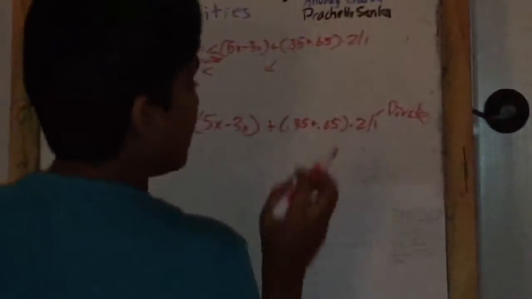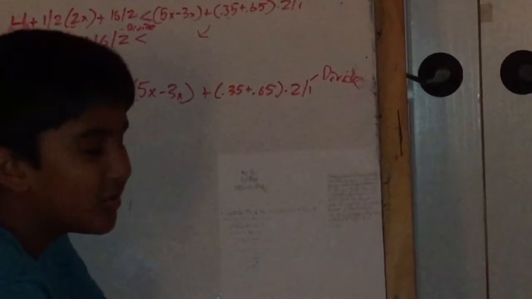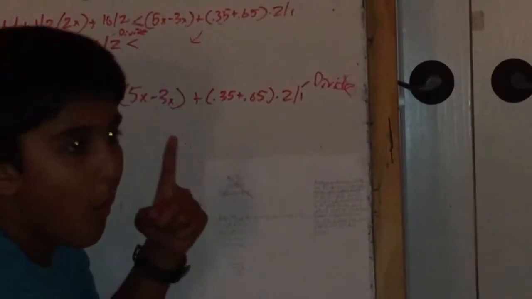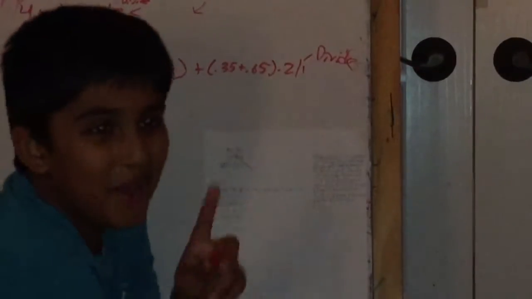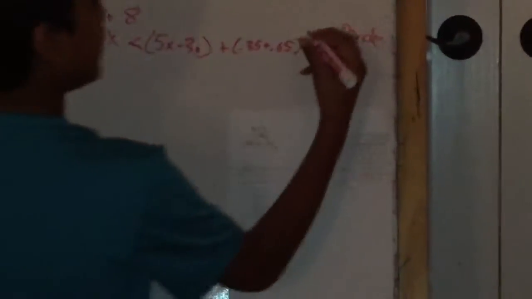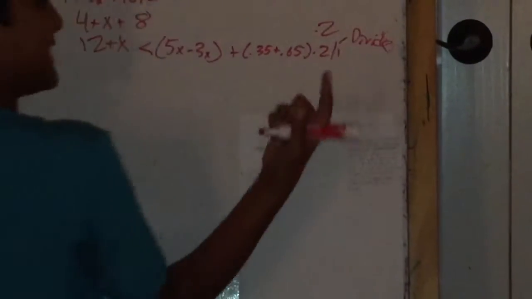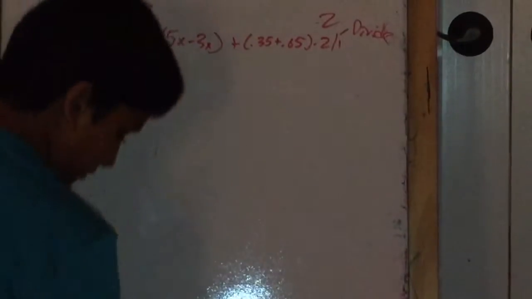So, 2 divided by 1, we all know. How many groups of 1 go into 2? 2, okay. It's just times 2, guys. It's just times 2. Do not let it trip you.